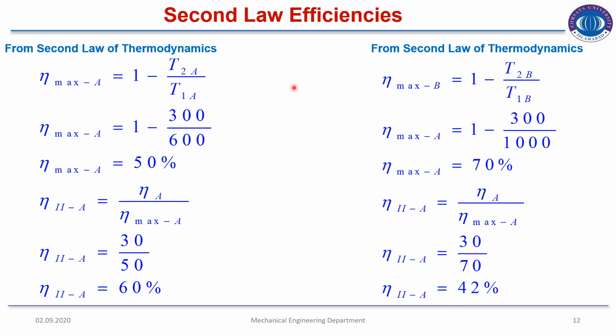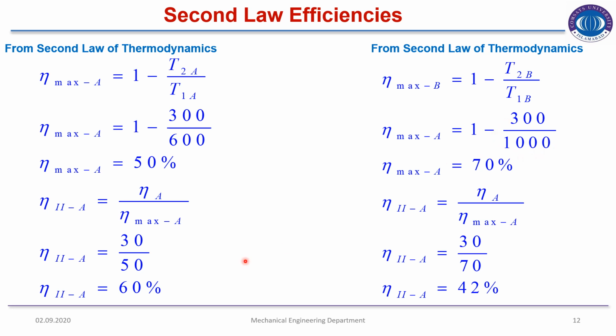So second law efficiency is very important because it also incorporates the source and sink temperature. In heat engine A, it is producing the same amount of work, whereas the source temperature is 600 Kelvin, and heat engine B is producing the same amount of work, whereas the source temperature is 1000 Kelvin.